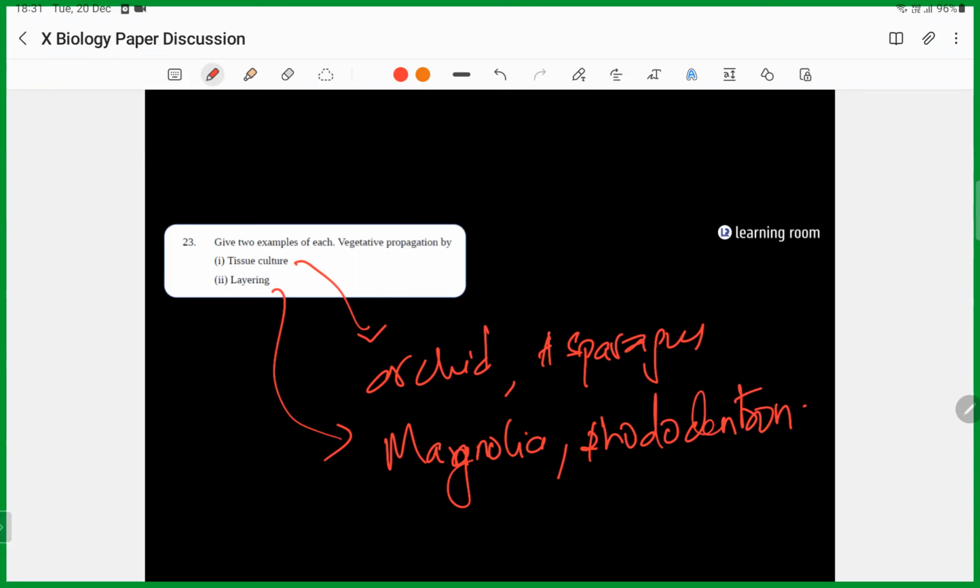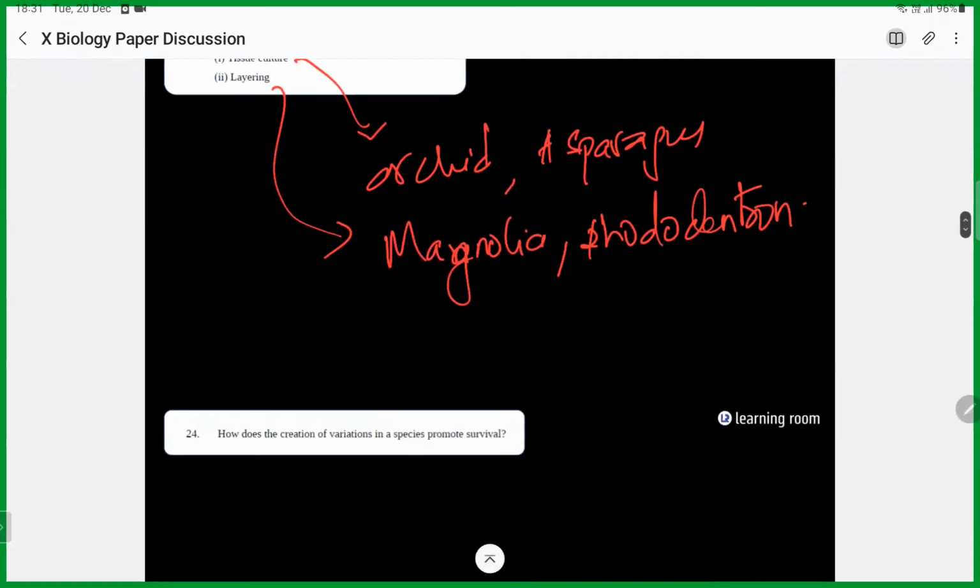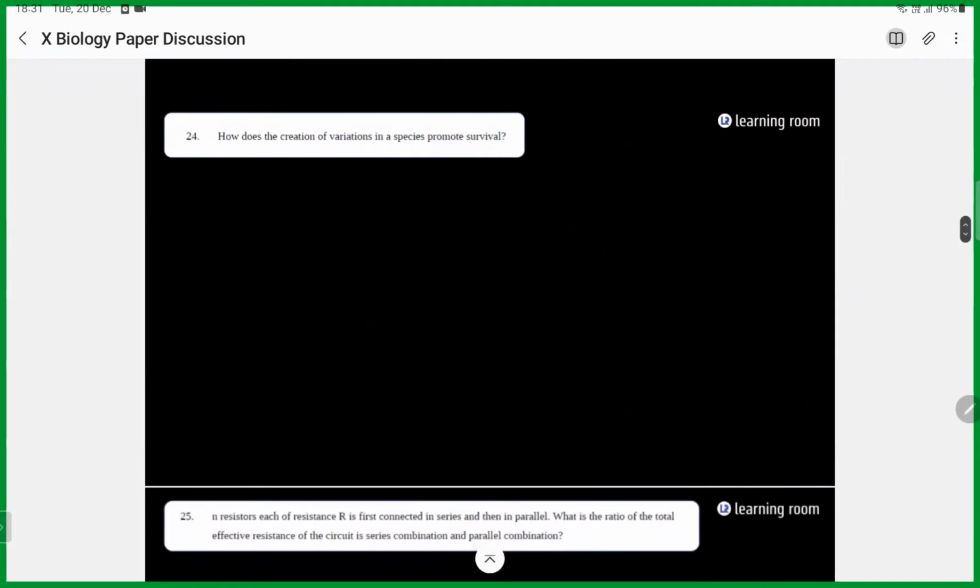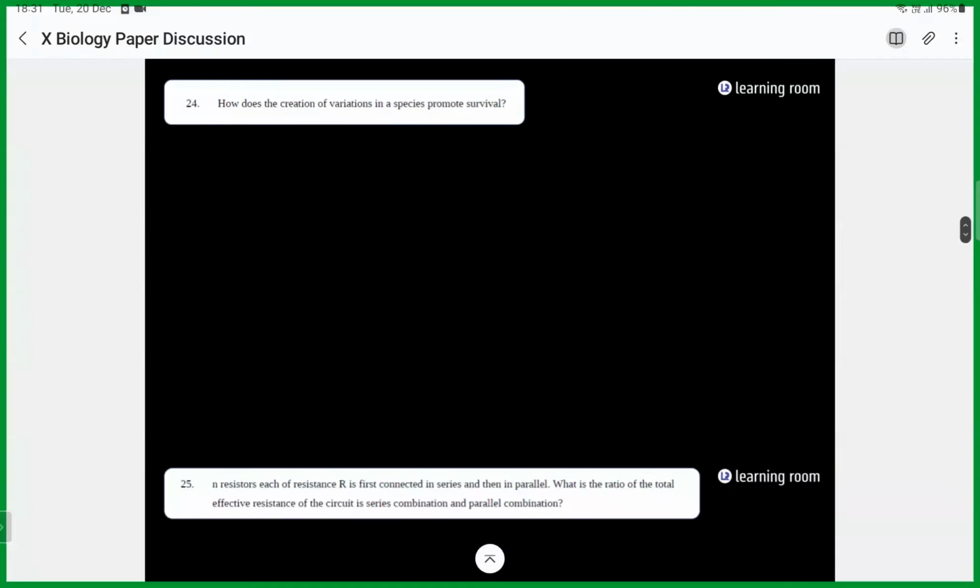If your examples also match, the marks will be given; you need not write exactly like this.